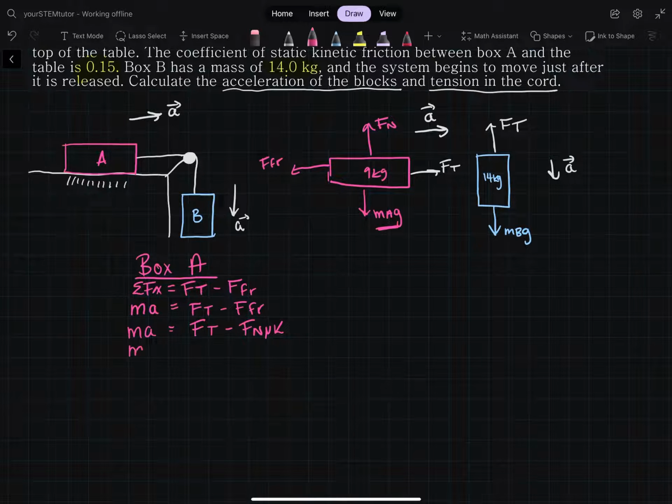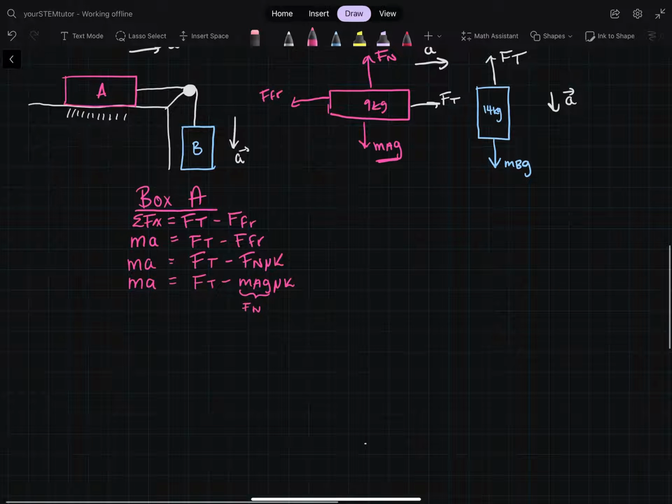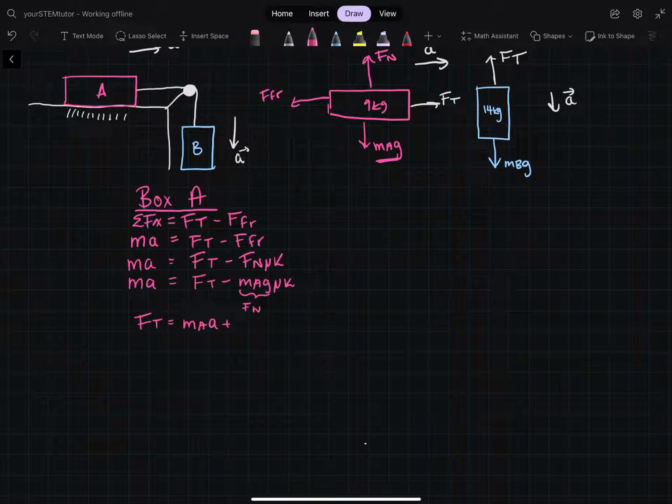So if we rewrite this, we can say mass times acceleration is equal to force tension minus m_A gravity, which is force normal in this case, times mu_k, which is our coefficient of kinetic friction, mentioned as 0.15 inside of the question up here. So now if we rearrange for tension, we have that force tension is equal to m_A acceleration plus m_A times gravity times mu_k.